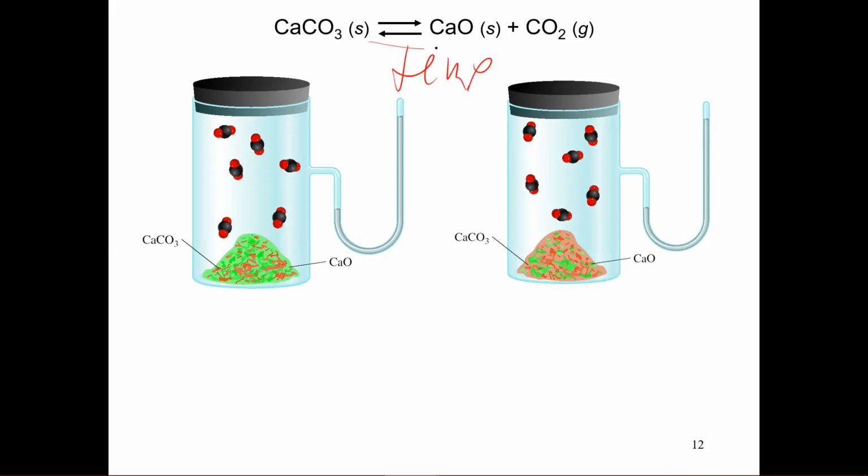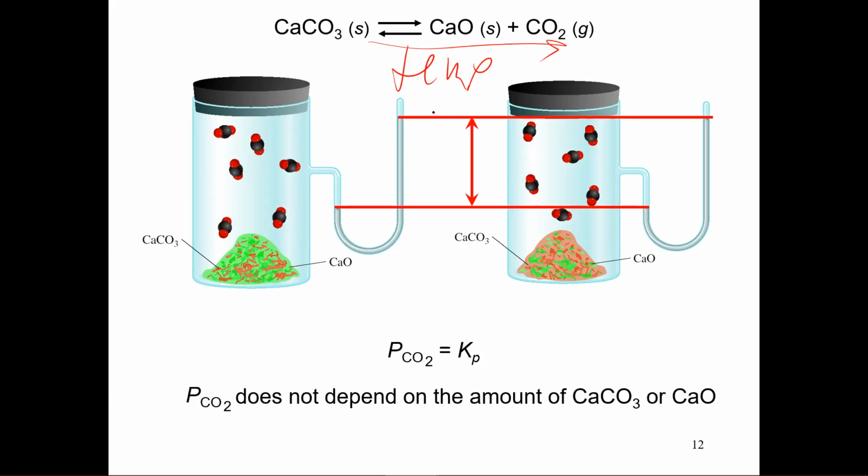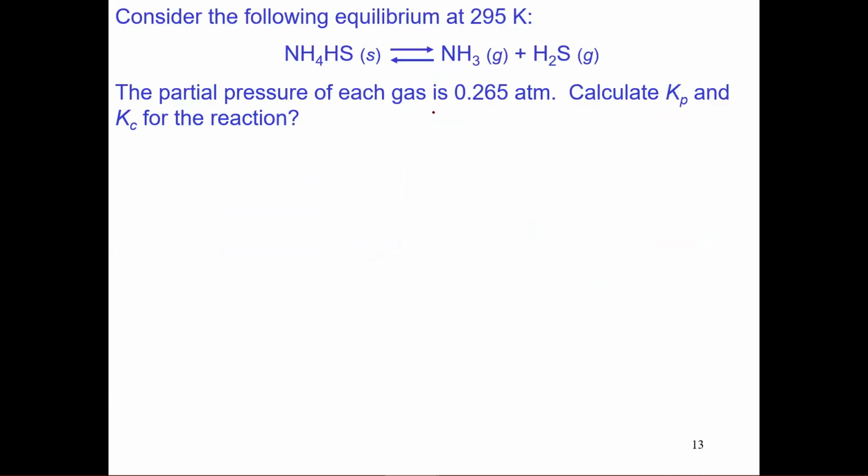So the temperature will kind of shift it to the right, and we'll explain why that happens later. The partial pressure of the CO2 equals the Kp under those conditions. So notice it's essentially going to be the same there. The partial pressure of the carbon dioxide does not depend on the amount of calcium carbonate or calcium oxide, because essentially those would cancel out because you still have the same number of moles of calcium in both.